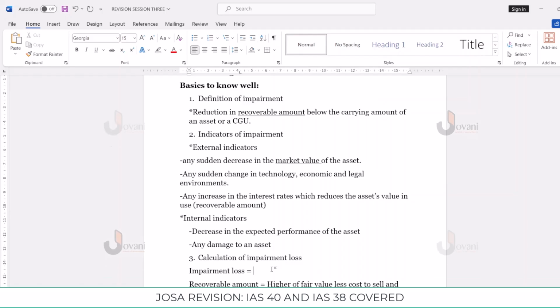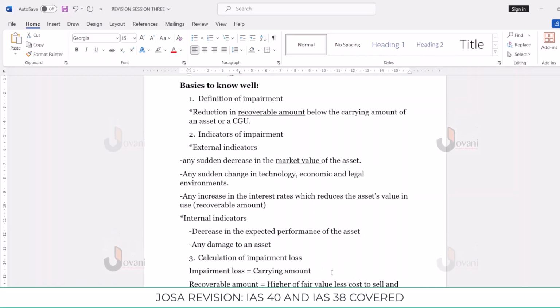Okay. So meaning that we said at the point where the recoverable amount is below the carrying amount, right? If we get our recoverable amount and we less the carrying amount, but since the word loss is already negative, we are going to say carrying amount minus recoverable amount.